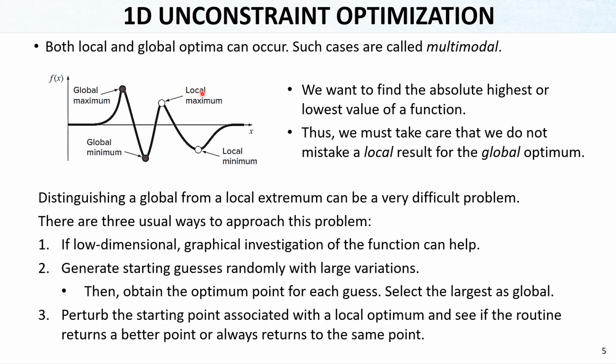So what is the difference between local and global? Actually, global is the highest maximum, because there can be other maximums or other minimums as well. But the highest of the peaks will be the global. Similarly, at the bottom, it's the global minimum. The ones which are smaller than these highest ones will be called local.